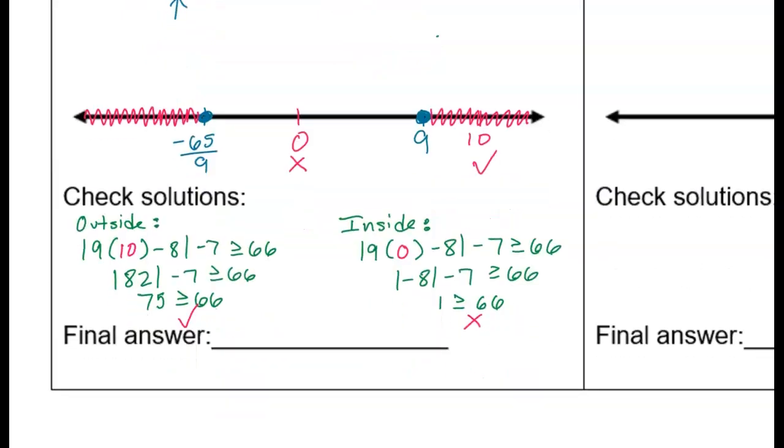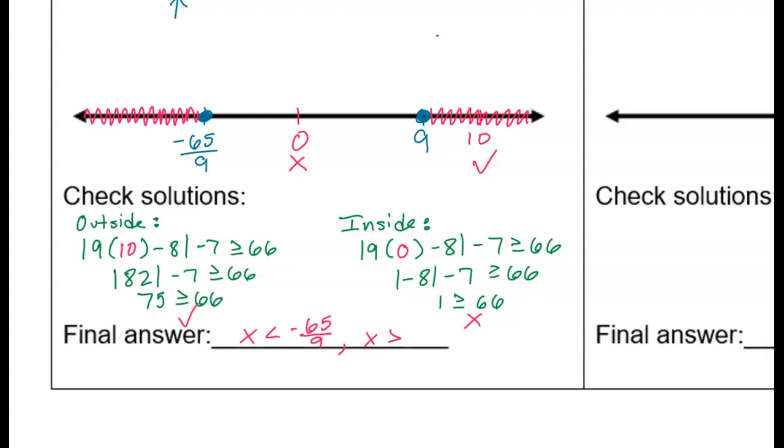So my final answer is all the x values less than negative 65/9, and also all the x values bigger than 9. So I'm going to have 2 inequalities for my solution set here. One where x is less than negative 65/9, comma, and one where x is bigger than.